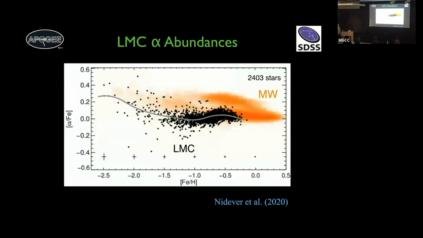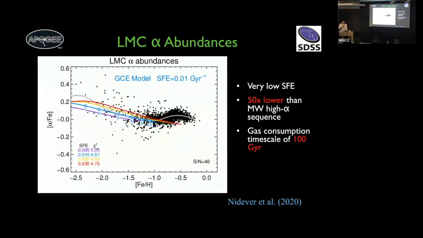In orange, in the background, you see the Milky Way. And then you see the LMC on top in black. You can see it looks very different from the Milky Way. You can also see the alpha knee, kind of at the metal poor end. And we started comparing chemical evolution models to it.